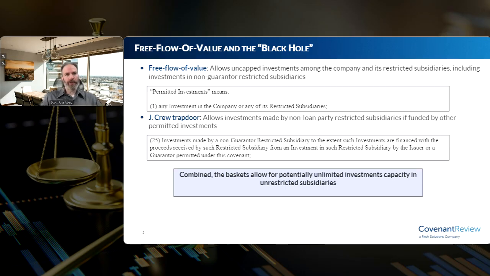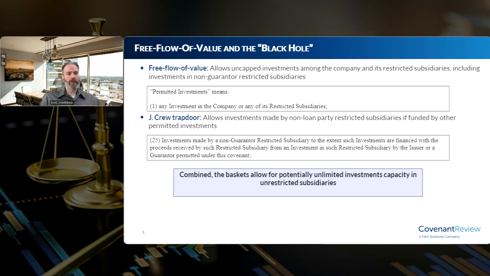But if you put these two together, on a textual basis, if you just read the text, it creates unlimited capacity for investments in unrestricted subsidiaries in a similar two-step process to what J.Crew did. First step is permitted investments clause number 1 allows the company or any guarantors to invest an unlimited amount in non-guarantor restricted subs. So that's step 1.